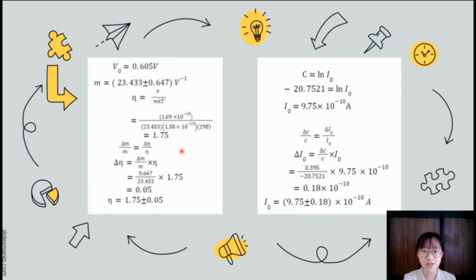Based on the calculation, we get eta for diode 4007 is 1.75 and the uncertainty is 0.05, and this is also reasonable because it is between 1 to 2. And the saturation current is 9.75 times 10 to the power of negative 10 ampere, which is small.